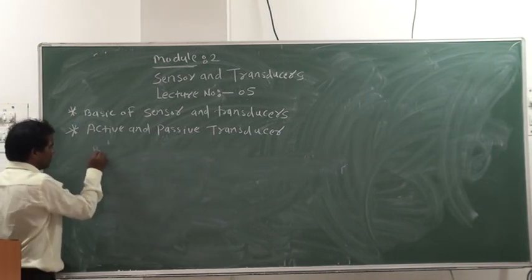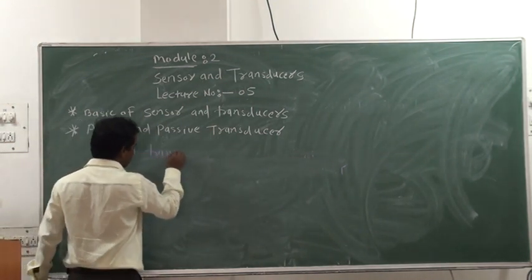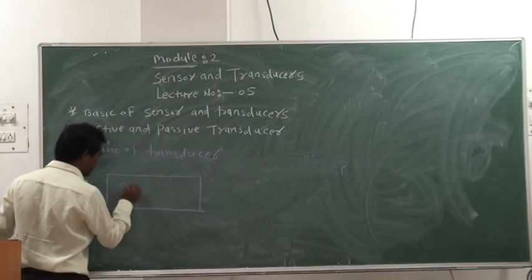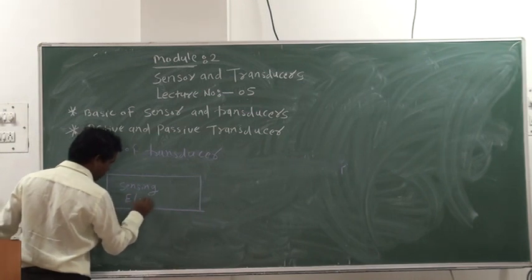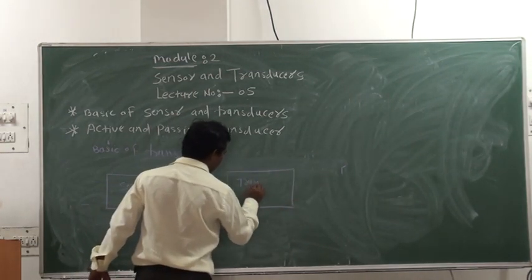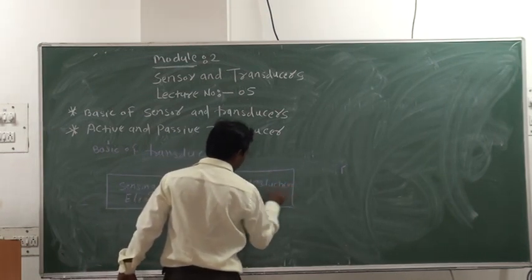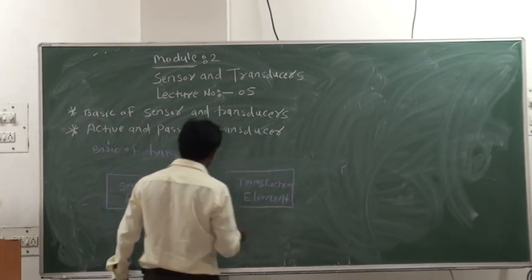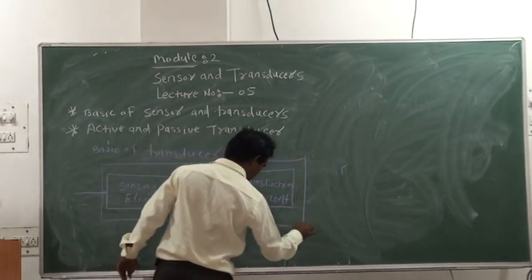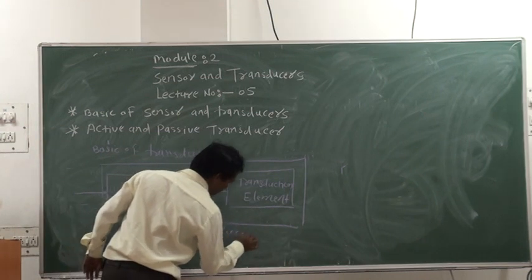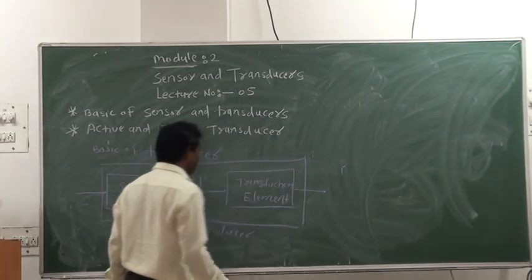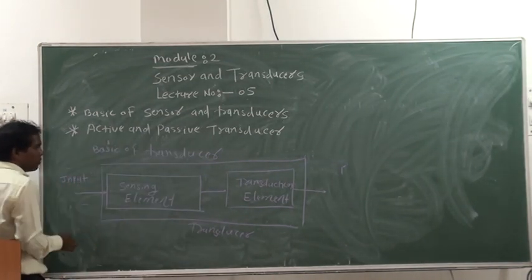The basic elements of a transducer: first one is the sensing element, and the second one is the transduction element. Here we have the input quantity and output.